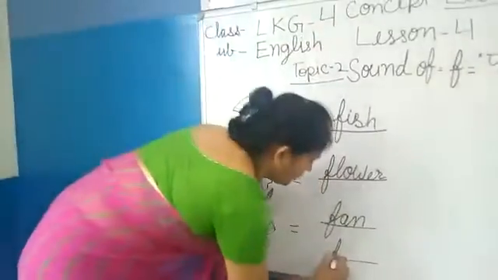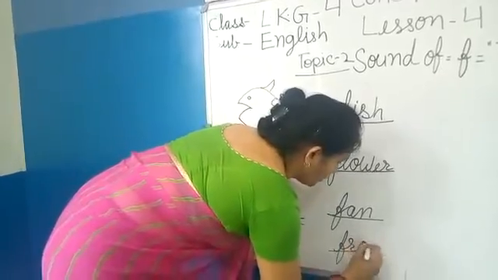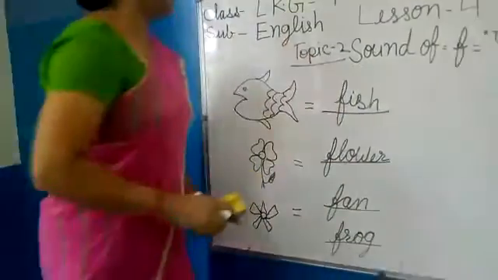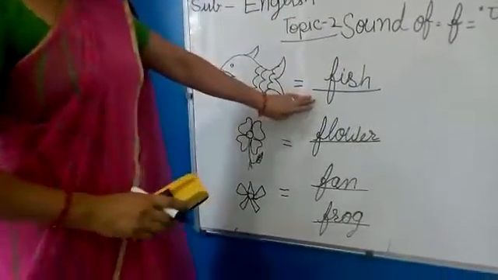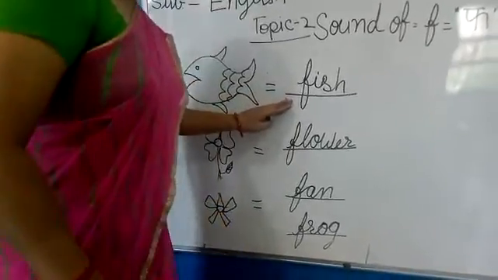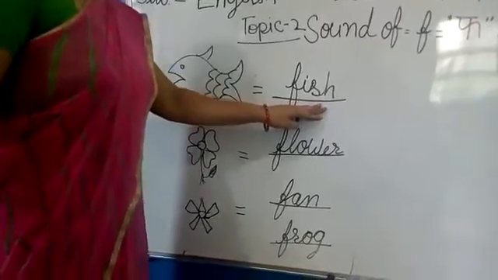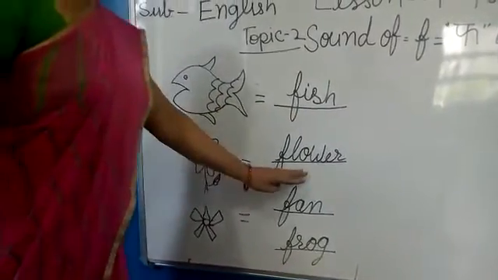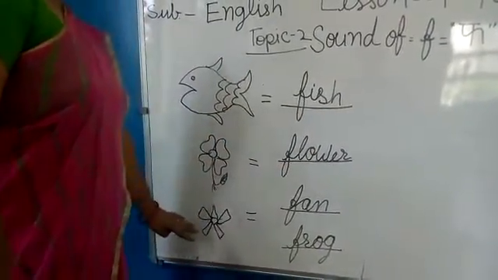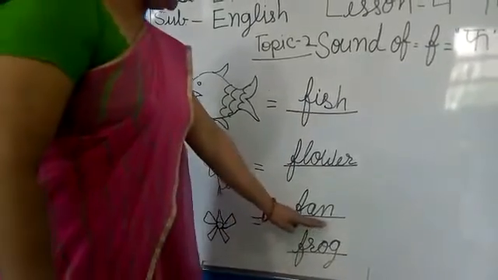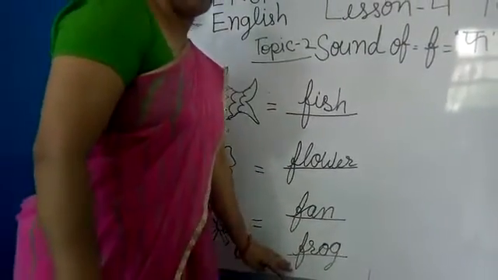As example, frog. So, repeat this. Fish, write here fish. Flower, and fan. Next, frog.